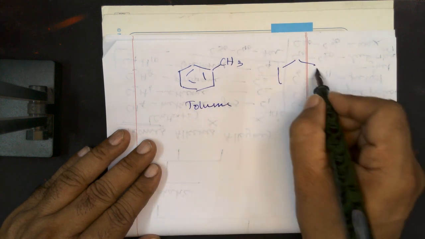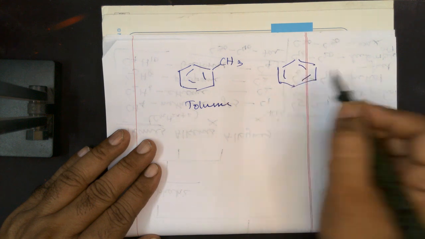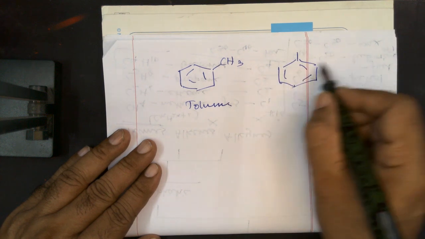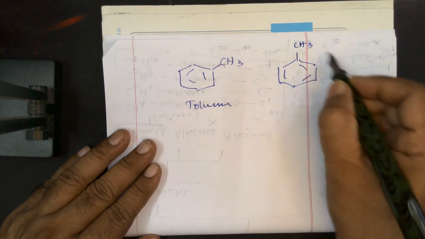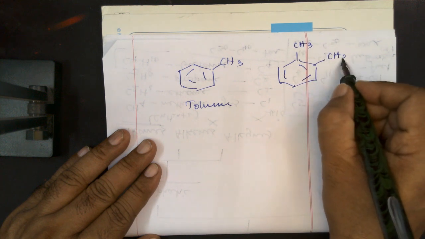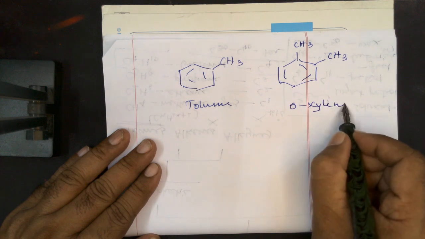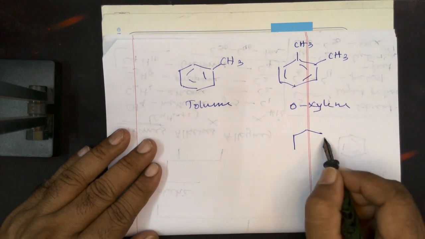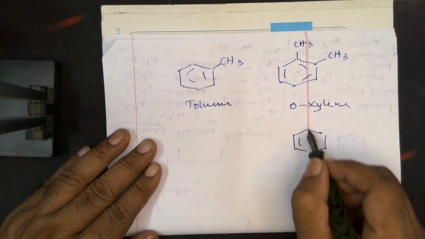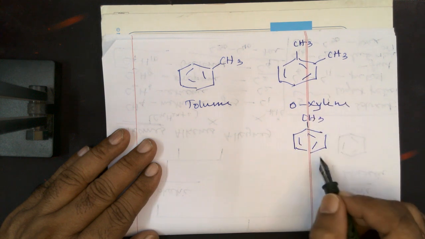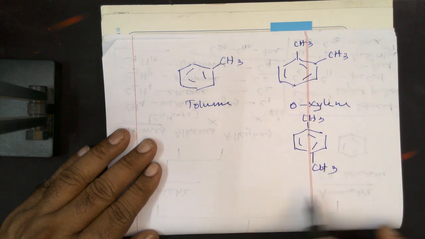And this one is called xylene. If it is in the ortho position, it's called orthoxylene. If it is in the para position, it's called paraxylene. CH3, CH3.